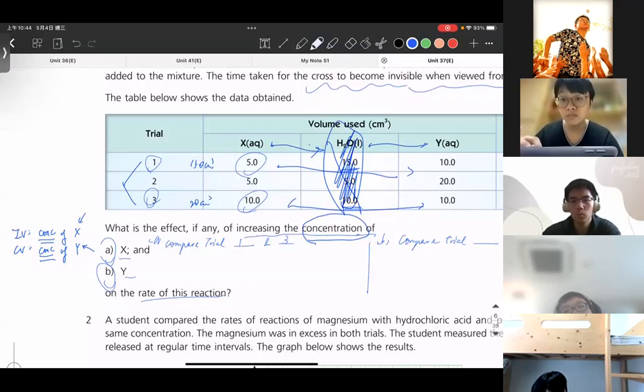Volume of X changes. How does it change? What is the change?